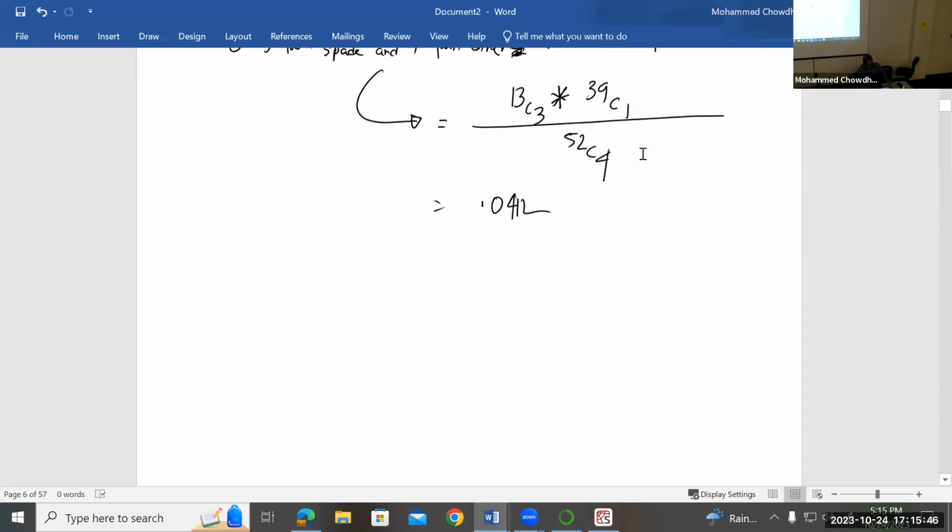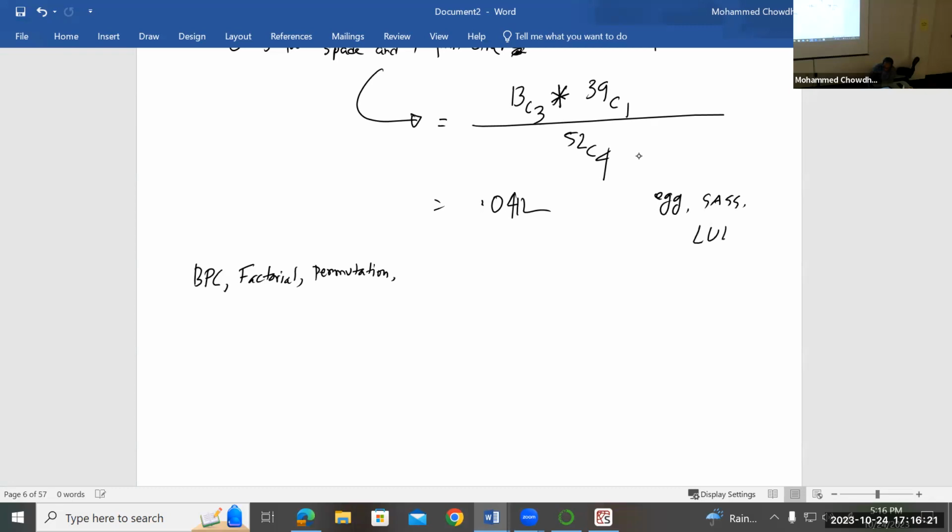Here is the thing. Let me show you what my plan is. I started to cover BPC. Then I covered factorial and gave you the rationale why 1 factorial and 0 factorial equal 1. Then I discussed permutation. In discussing permutations, I solved problems with the words egg, says, and lal, right?